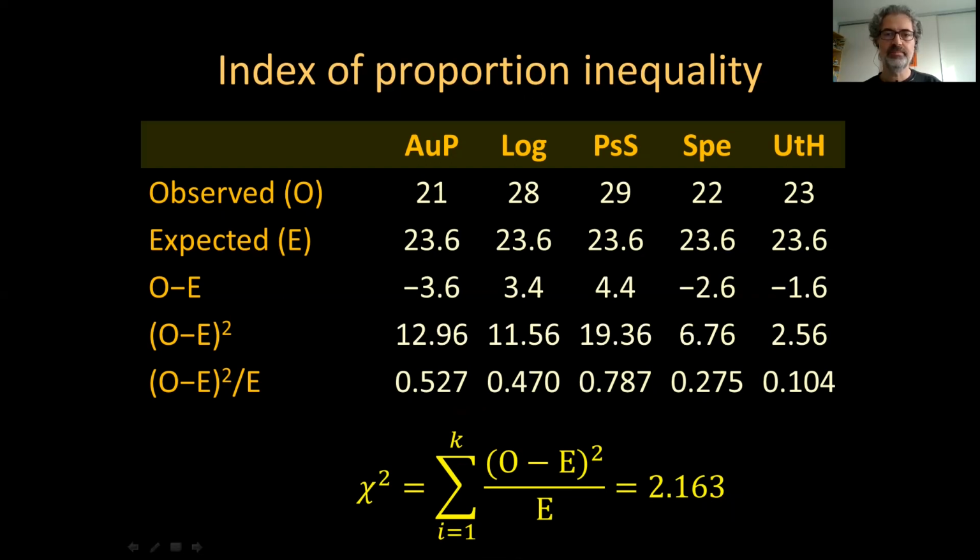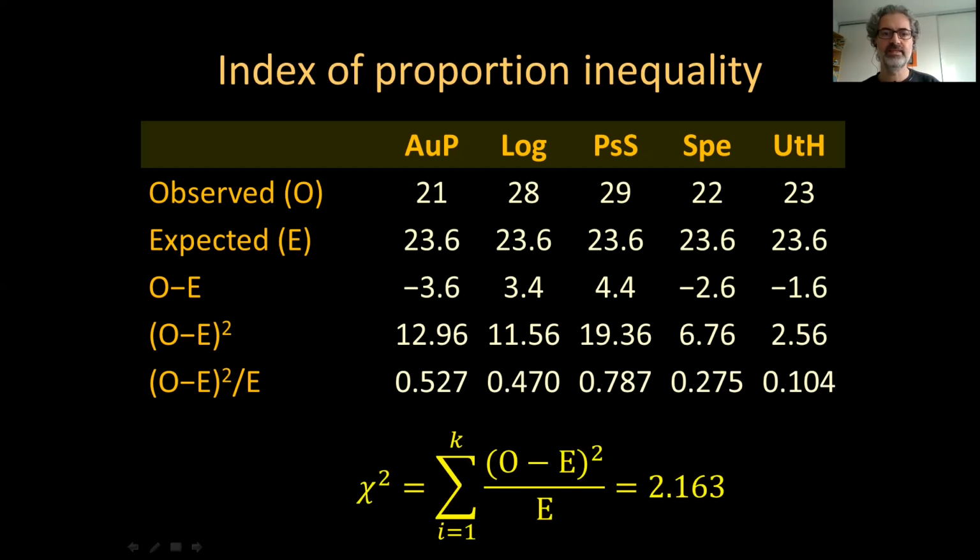What is the sampling distribution for a chi-square when there are 5 categories? We can again simulate a population with equal proportions of 5 categories and draw samples of 123 from that population, which is our null hypothesis, and calculate the chi-square for each one of them.